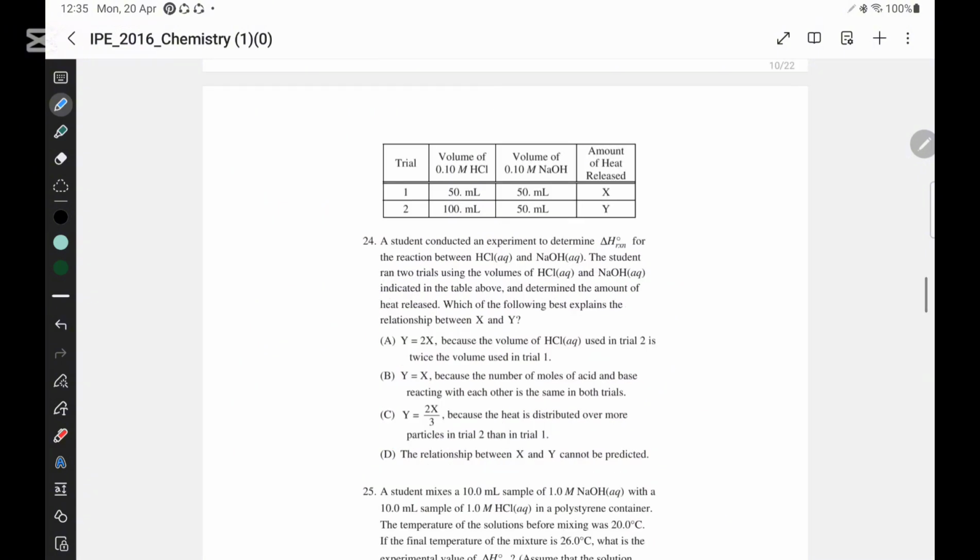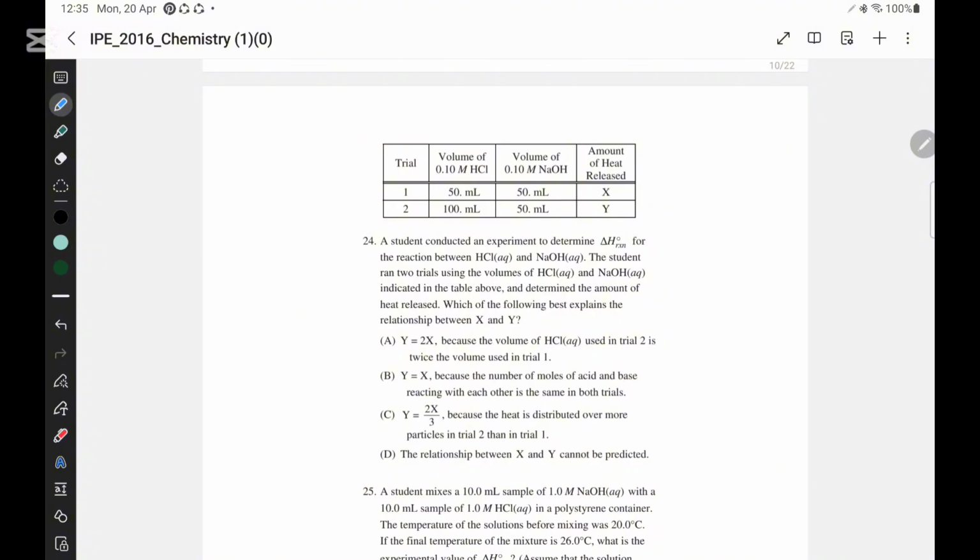So the next question: a student conducted an experiment to determine the enthalpy of reaction for the reaction between HCl and NaOH. The student ran two trials using the volumes of HCl and NaOH indicated in the table above to determine the amount of heat released. Which of the following best explains the relationship between X and Y?